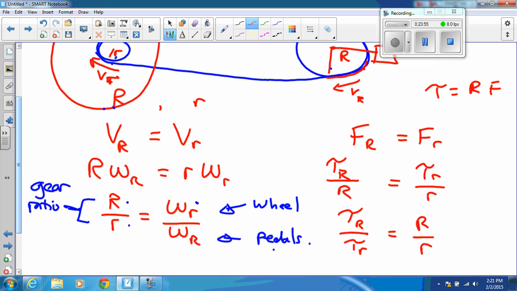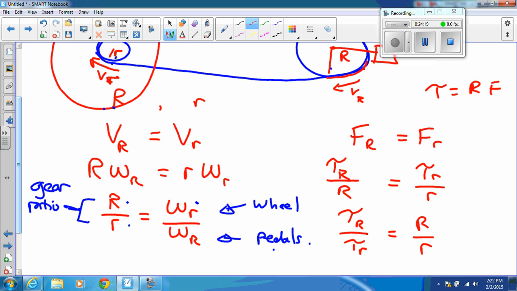In other words, if I'm in 10th gear, I'm going to go really fast, but I have to exert a lot of torque to make it happen. If, on the other hand, I'm in 1st gear, then now I have a larger radius for little r, my gear ratio is smaller, I don't go as fast, but I don't have to exert as much torque either.